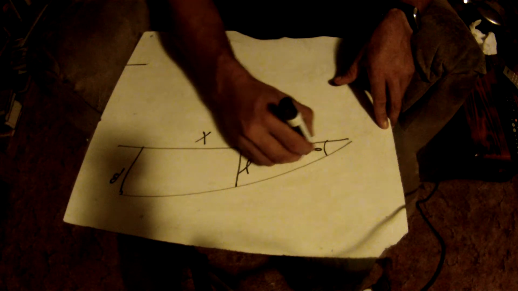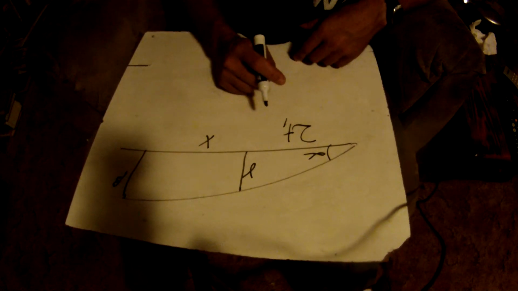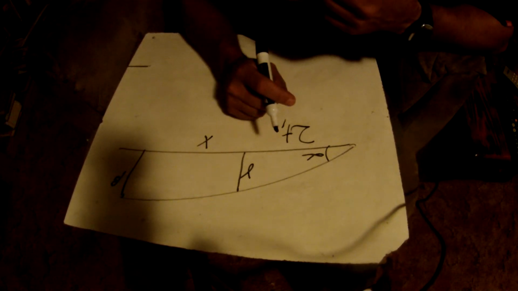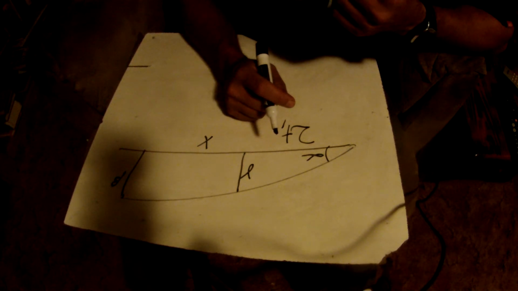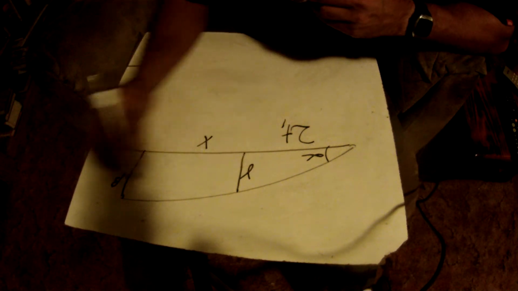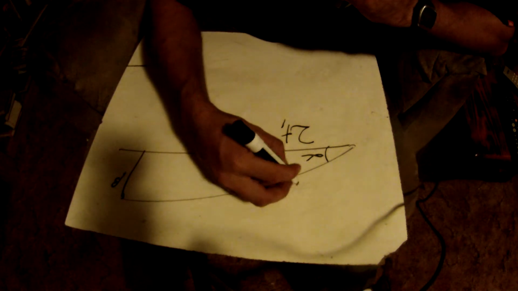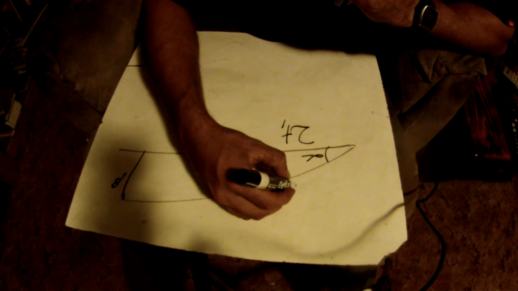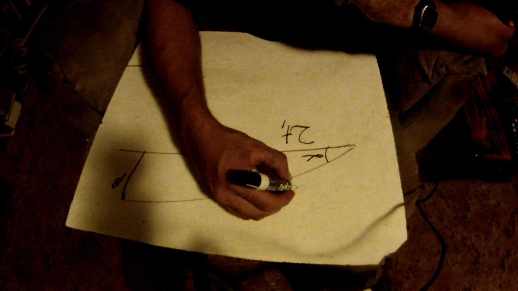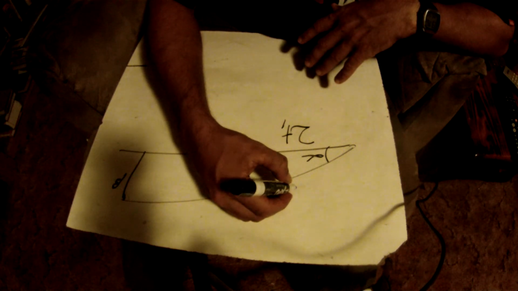We call this alpha. Well, we could find this side of the triangle, which we'll call, I don't know, bread.